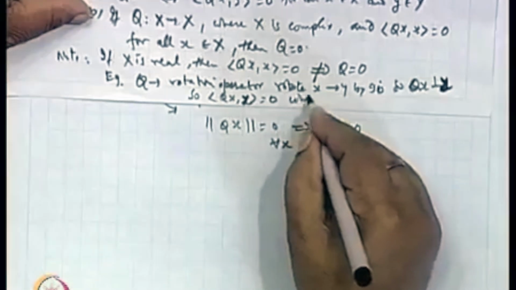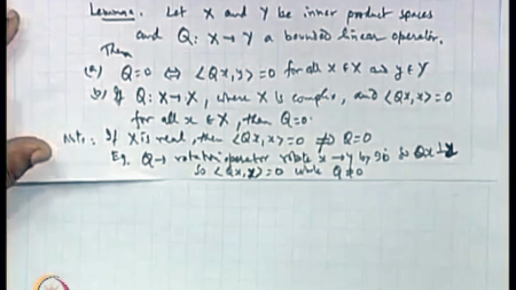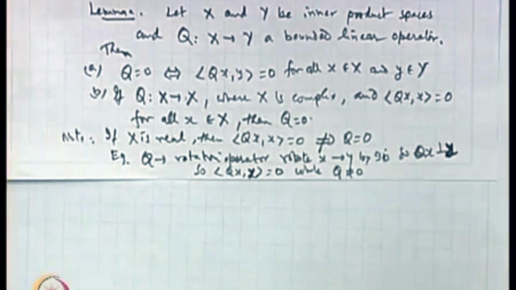While Q is not equal to 0, because a rotation operator cannot be the zero operator. It rotates through an angle of pi by 2. So x is a vector and Qx becomes orthogonal to x. So the inner product ⟨Qx, x⟩ becomes 0, while Q is not 0.